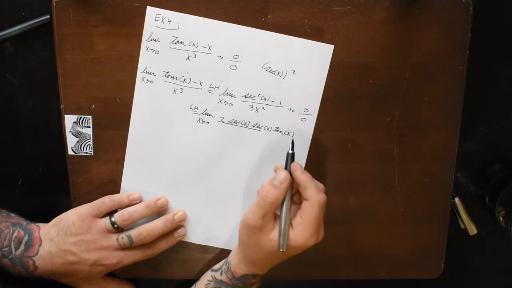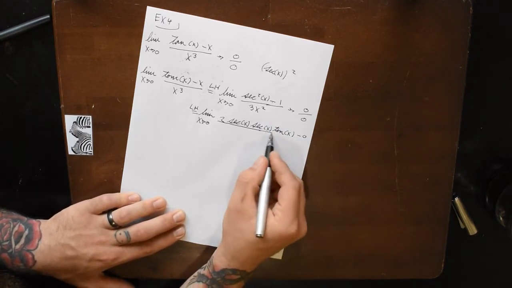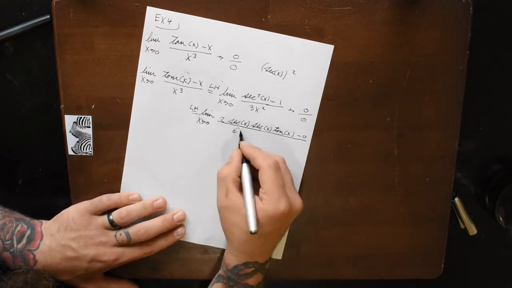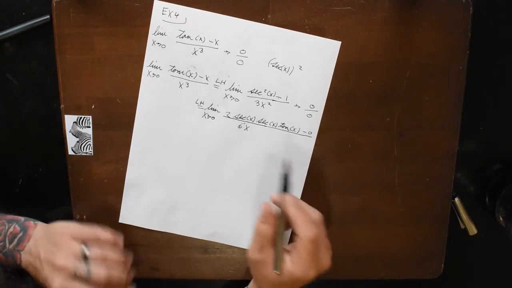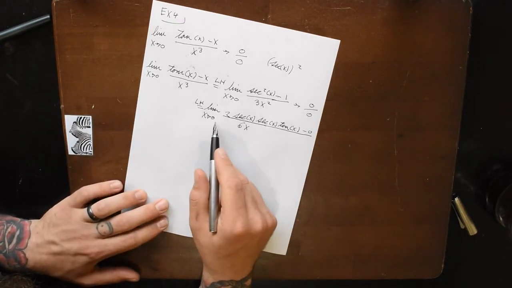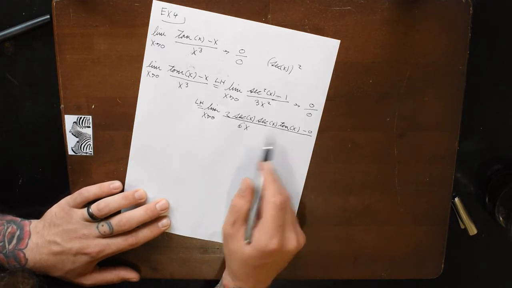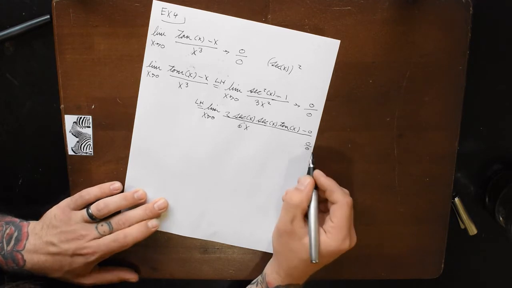Minus the derivative of 1 is 0, so minus 0, all over, we would get a 6x. So, looking at this, when x goes to 0, we get 2 times 1 times 1 times 0 all over 0. We're still in an indeterminate form.